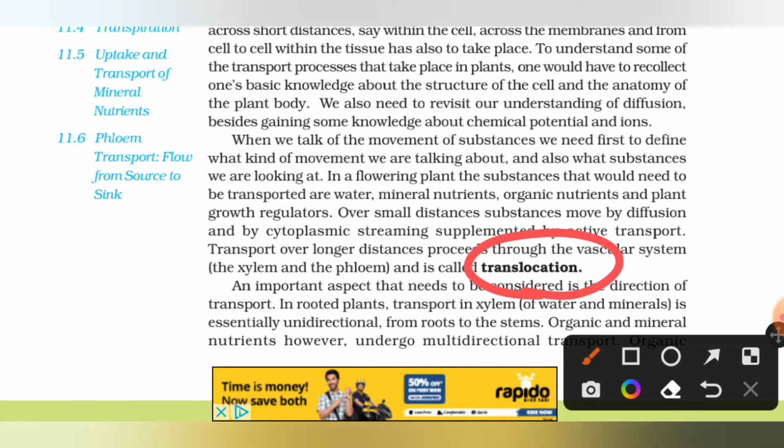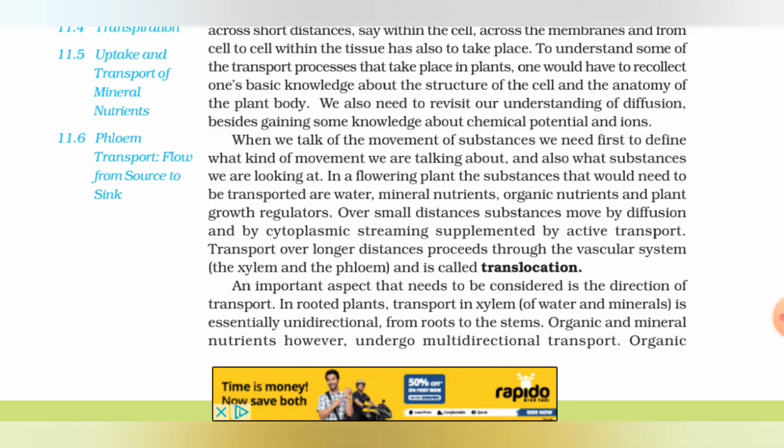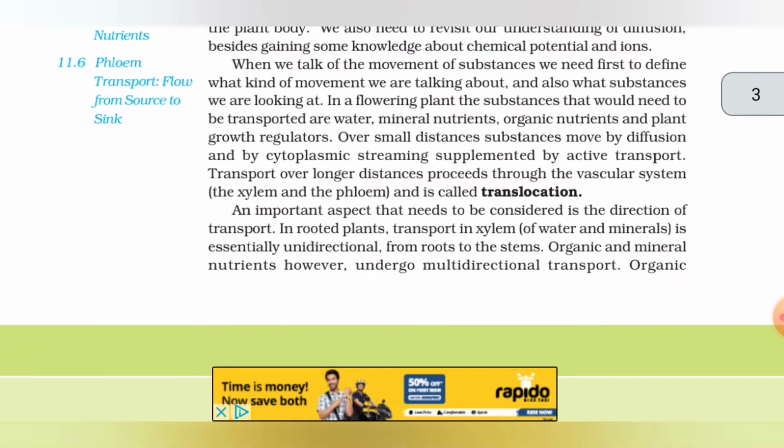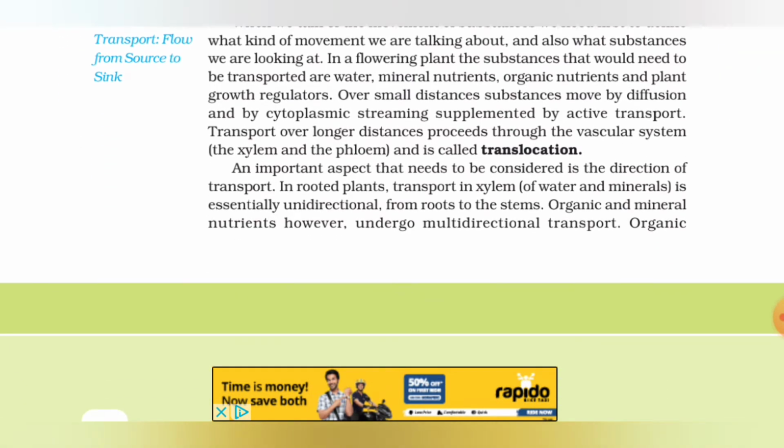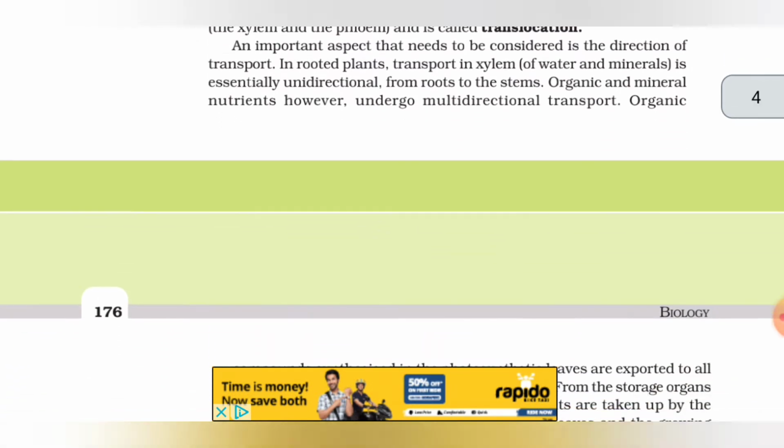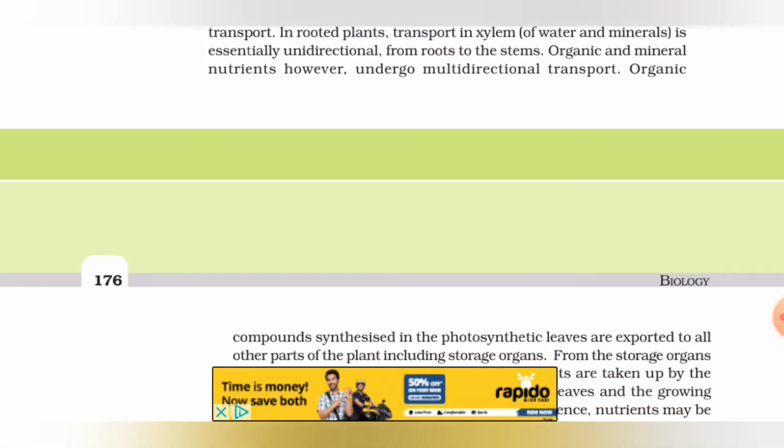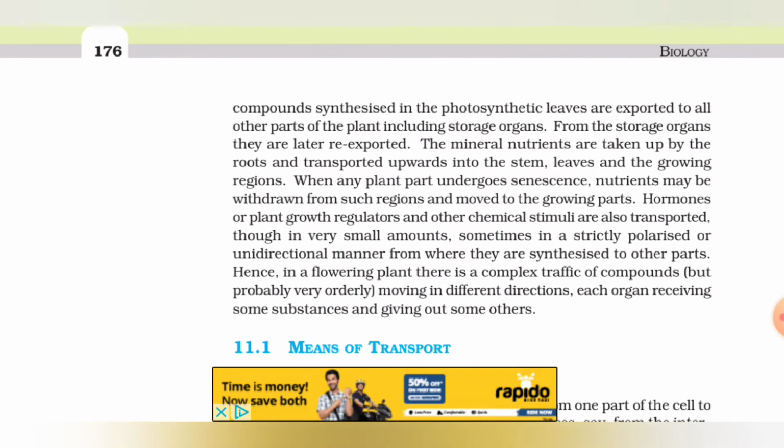In a flowering plant, besides water, the minerals, mineral nutrients, organic nutrients and plant growth regulators should all be transported from one place to another, by diffusion, by cytoplasmic streaming, by unidirectional movement or by multidirectional movement. So let us study what all these are in this chapter.